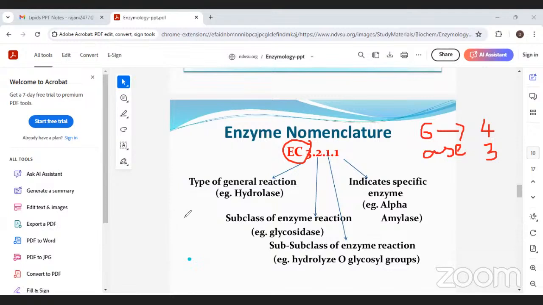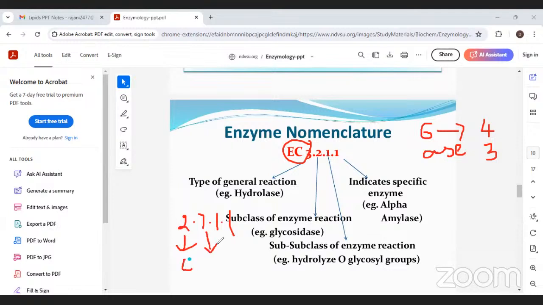I'll give another example, 2.7.1.1. This 2 denotes the class, transferase.